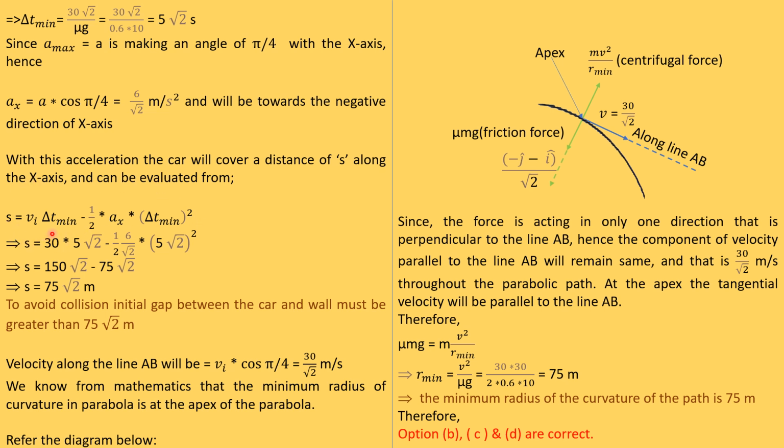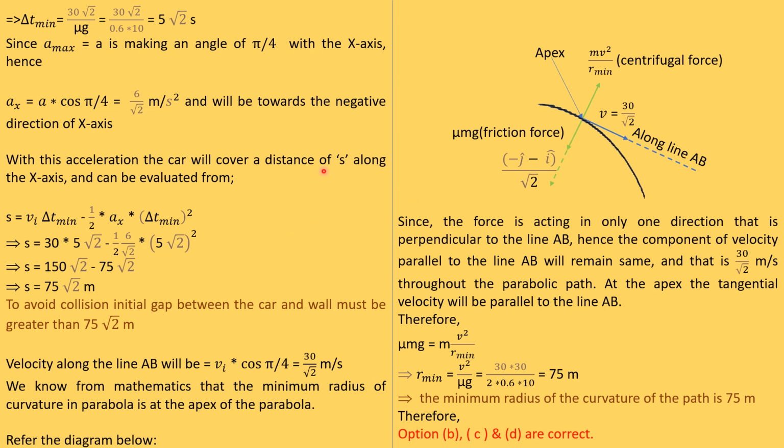S is equal to initial velocity into the total time taken, which is delta t minimum to satisfy the question's requirement, minus half into a into delta t minimum square. We'll put all the values and we'll get S equal to 75 square root of 2 meter.